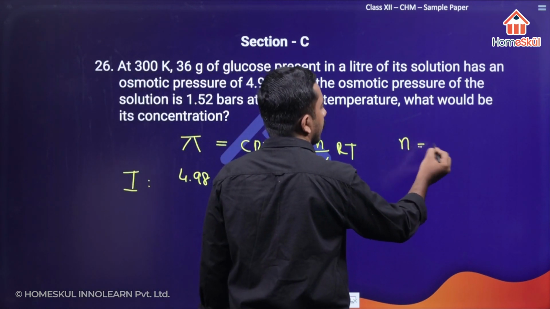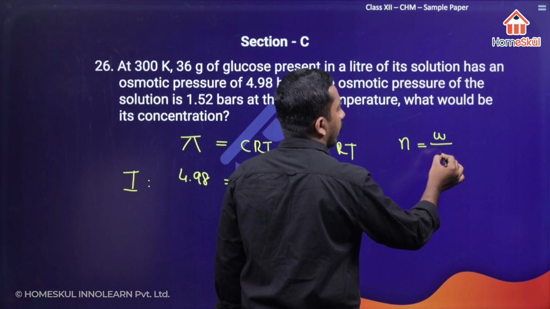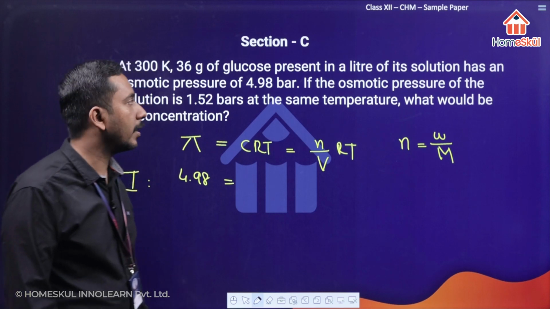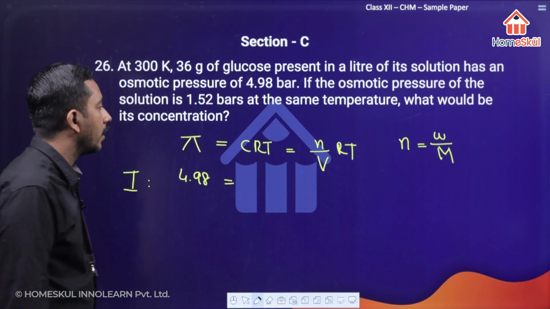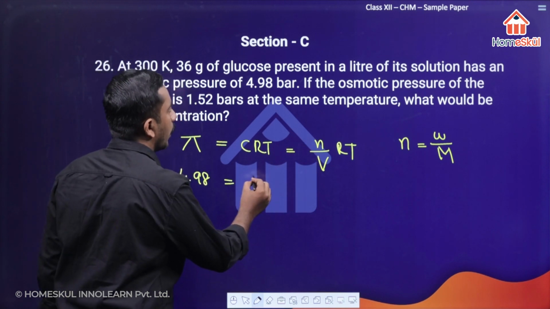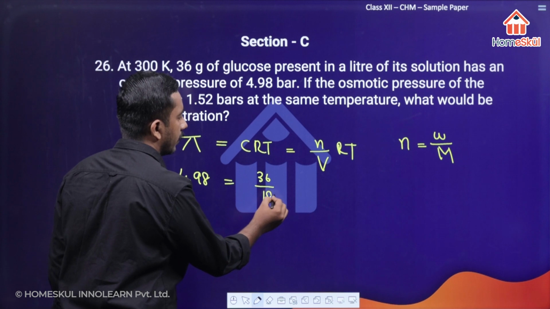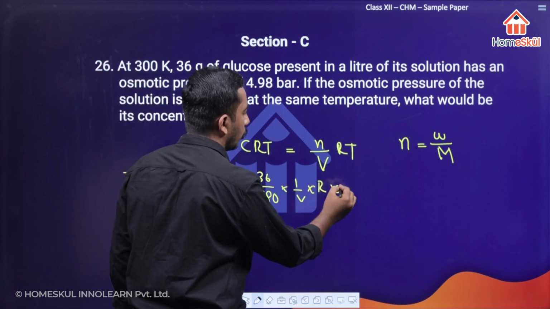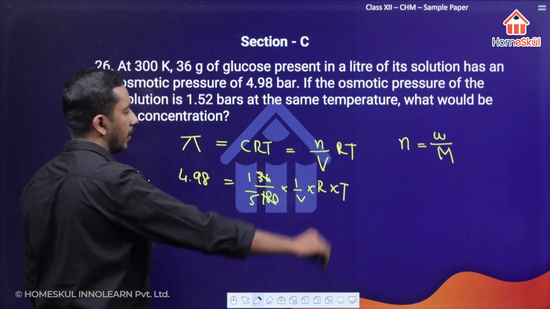The number of moles n is given as the weight divided by the molecular mass. Weight of the substance divided by the molecular mass. So since it is glucose, the molecular weight is going to be 180. So we can write n as weight of the glucose, that is 36 divided by 180, into 1 by V into R into T. We can cut it directly. This is 1 and 5, right?